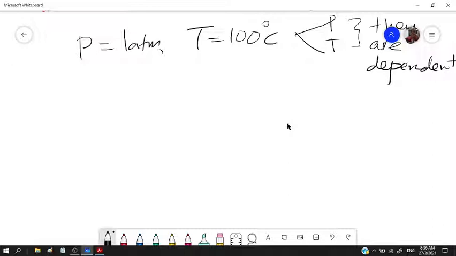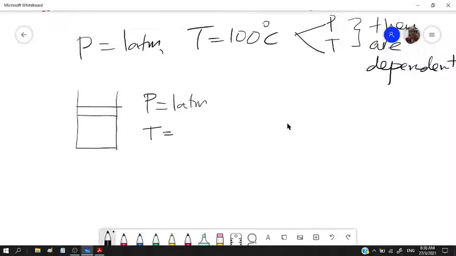Let's say we have another example. We still have the piston in the device. We have the piston right here. And let's say that the pressure right here is 1 atm, and the temperature is, let's say, room temperature, 28 degrees C. We know that the temperature right here is less than T-boil.